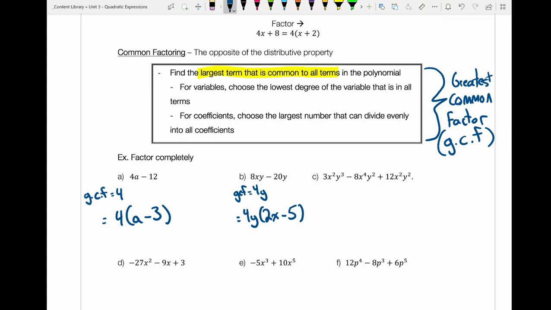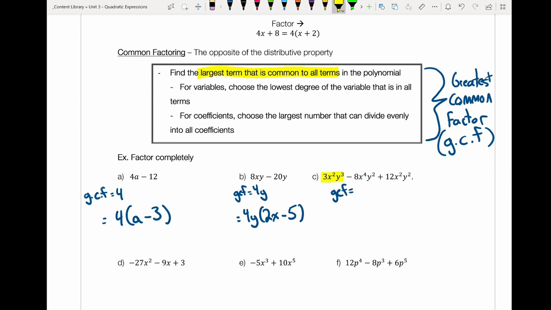If I look at C, C is a little bit more complicated because I have quite a few things going on here. But again, let's just start with looking at the variables. What variable is common between all three terms? And again, a term is what is separated by a plus or a minus sign.